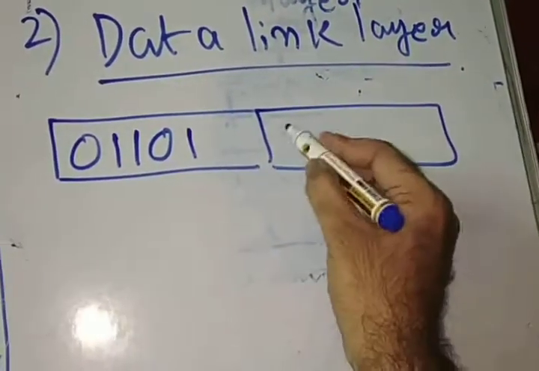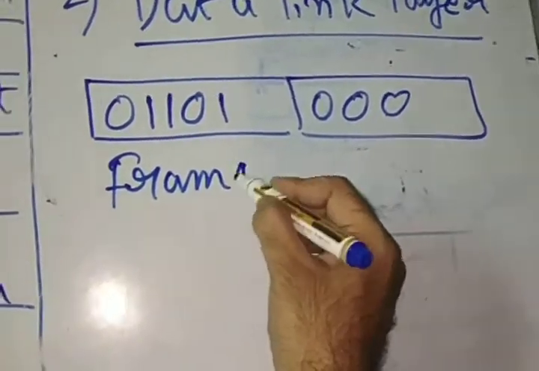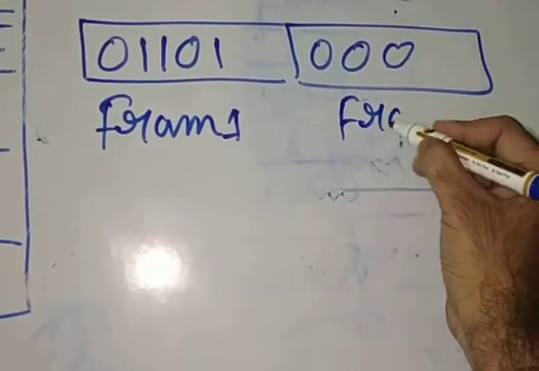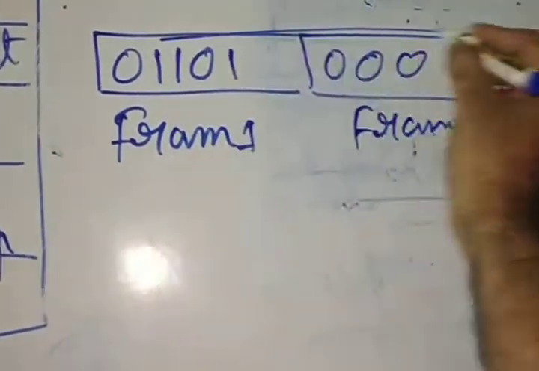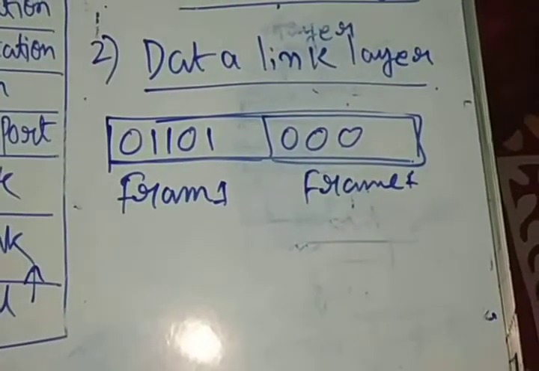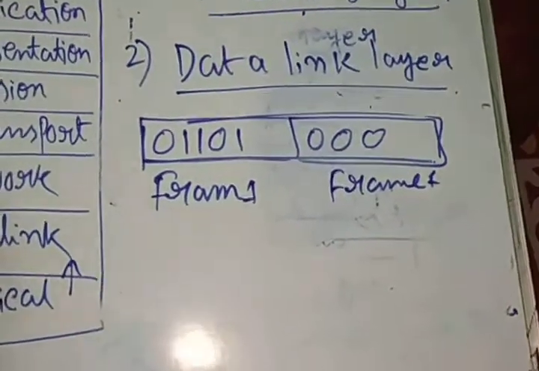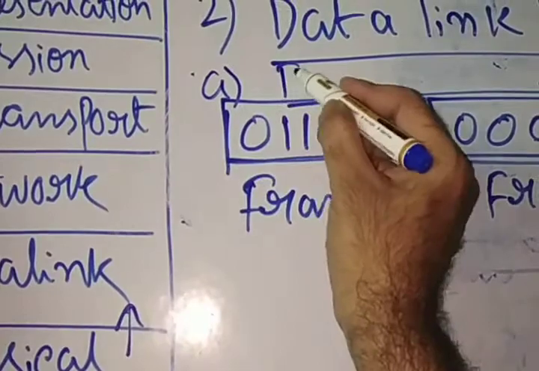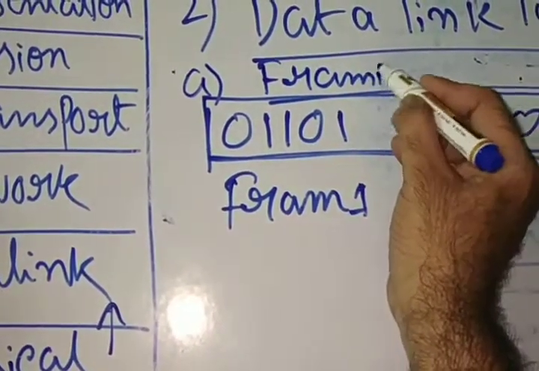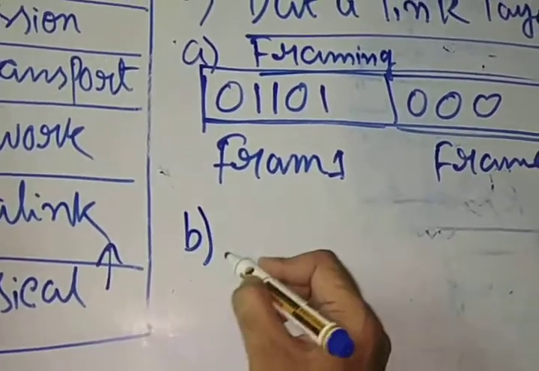A big data has been converted into some frames. Suppose this is a whole bit set. That whole bit set is converted into some frames. So the first function of the data link layer is framing of the bits. The bits which have been received are framed by this data link layer.